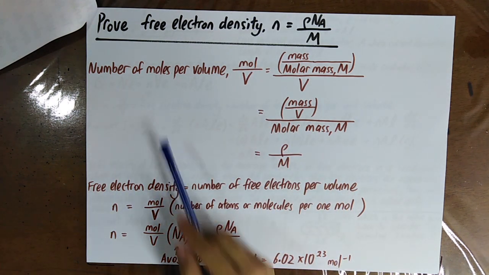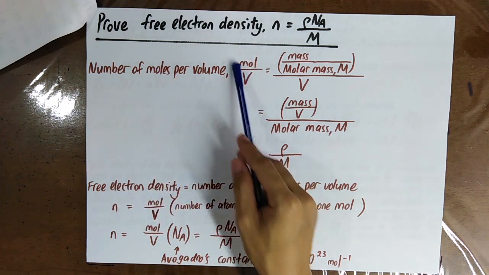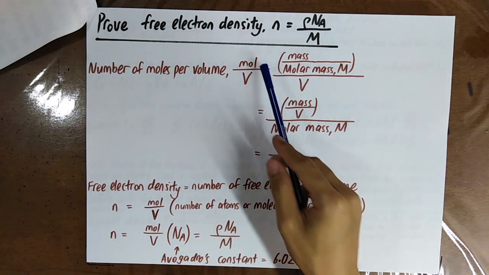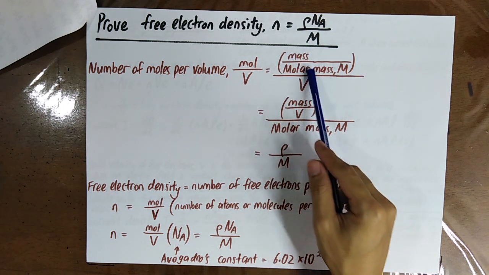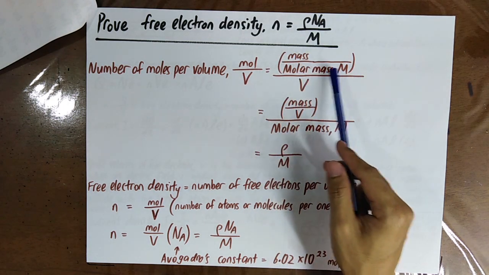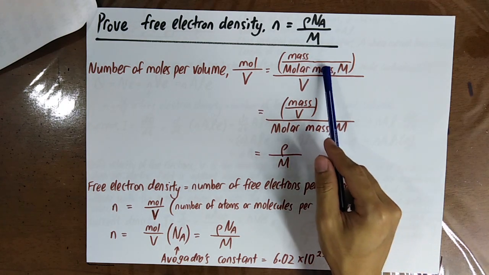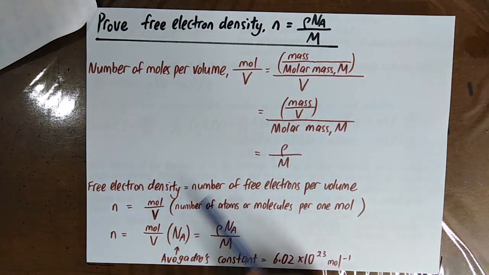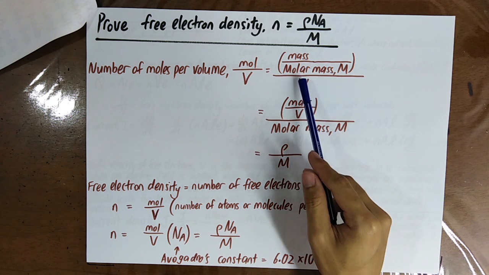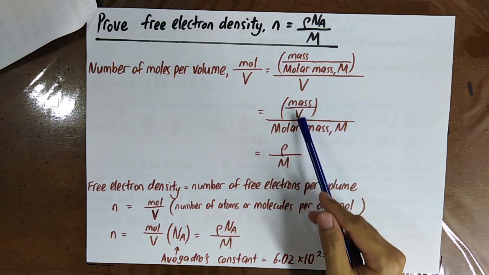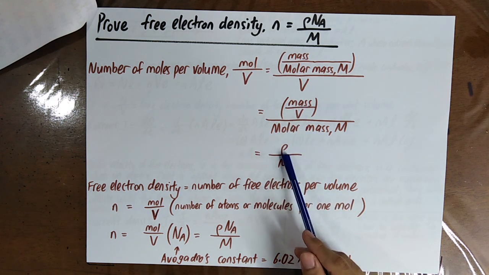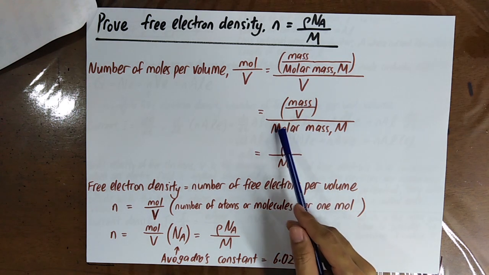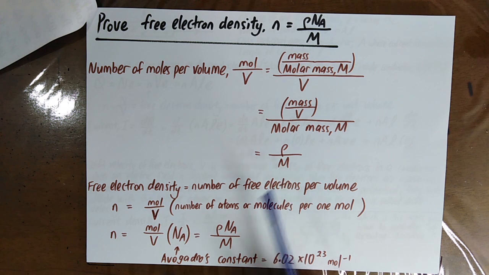First, the number of moles per unit volume is like this, and the number of moles is equal to the mass divided by the molar mass, where the molar mass is the mass of 1 mole of the substance. Then V and m change places. Mass divided by volume is the density rho. Then the molar mass is here.